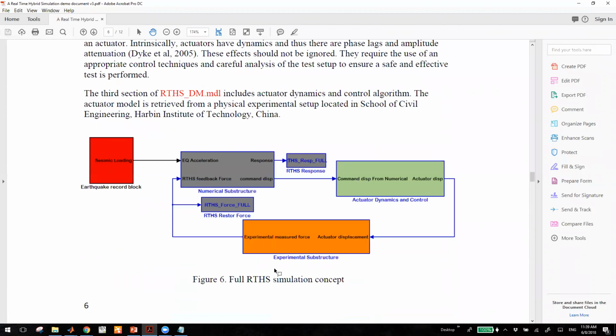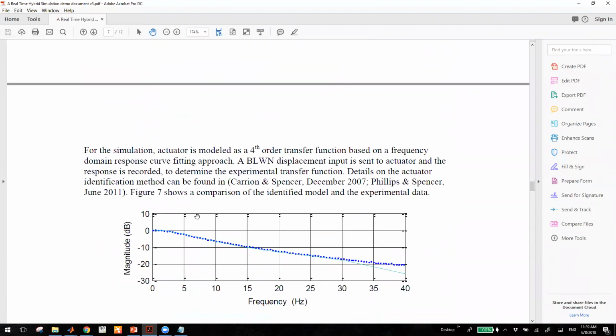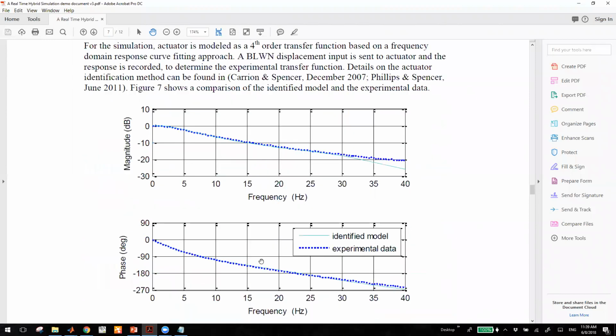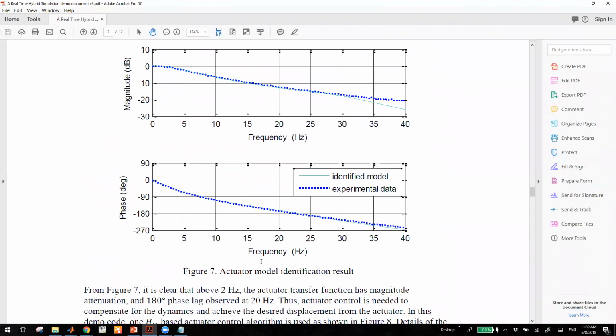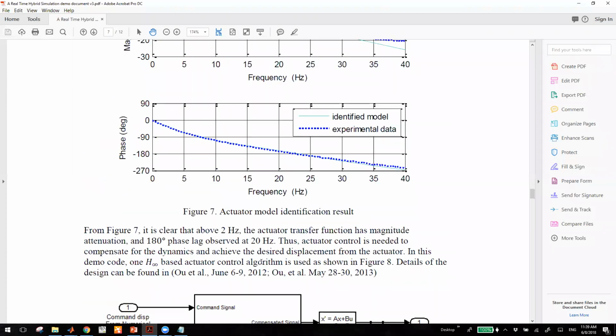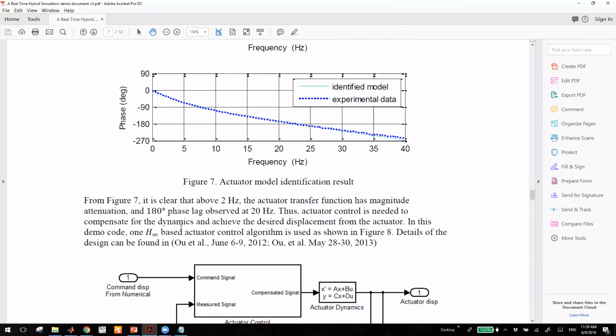I'm not going to talk in detail about how the actuator control algorithm is developed, but I wanted to mention that we have a transfer function that represents the dynamics of the actuator, which is a 4th order transfer function. Then we build an H infinity controller, which can compensate for that dynamics.